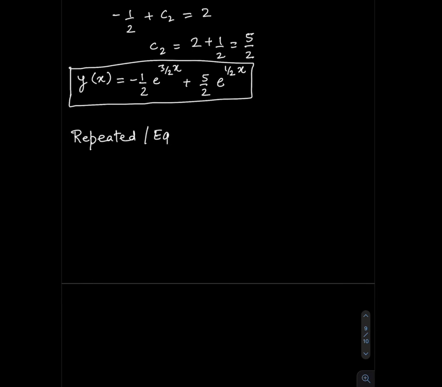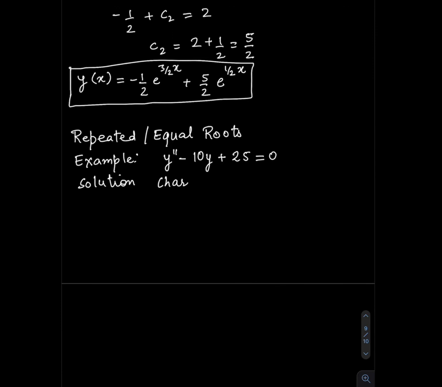Repeated, or we can also call it equal roots, when roots are equal. So consider the ODE y double prime minus 10y prime plus 25y equal to 0. We want to solve this ODE. So first step is always to write down the characteristic equation.